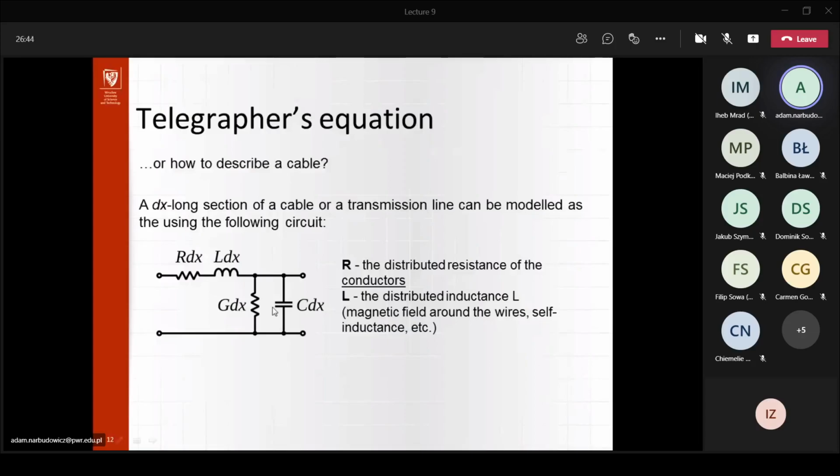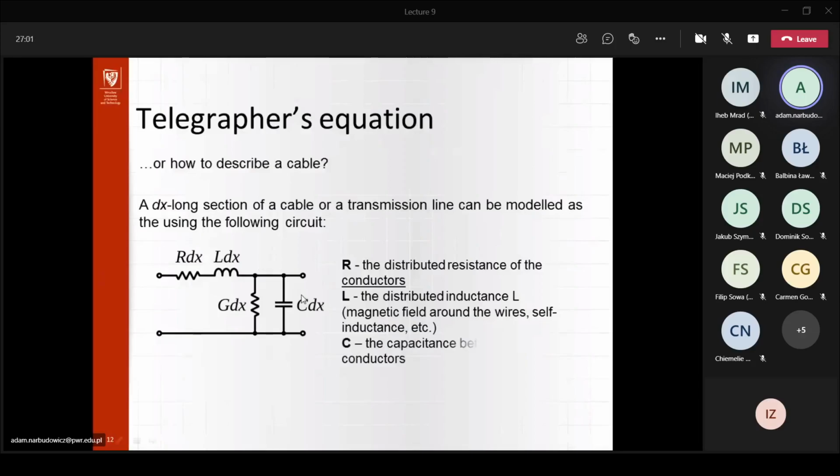So again, per unit length, this value might be relatively small, but it still exists. So basically, the L corresponds to the magnetic field that is generated around the current flowing in our wire.